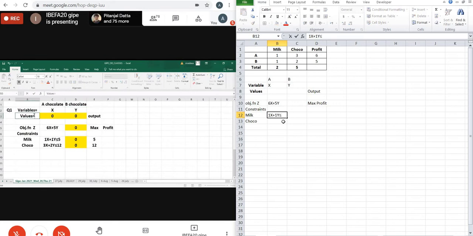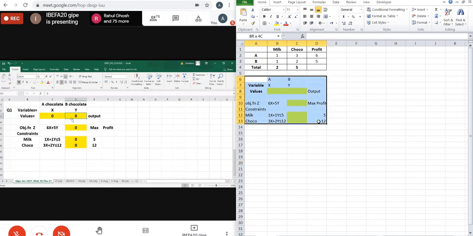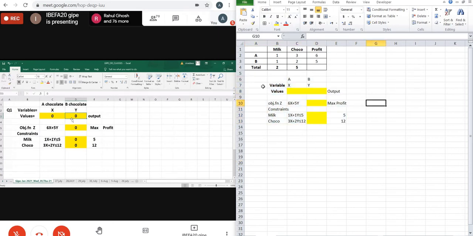Do you know the values of X and Y initially? No, sir. No, in mathematics, 0. I don't know what is X, what is Y. So mathematically it is 0.